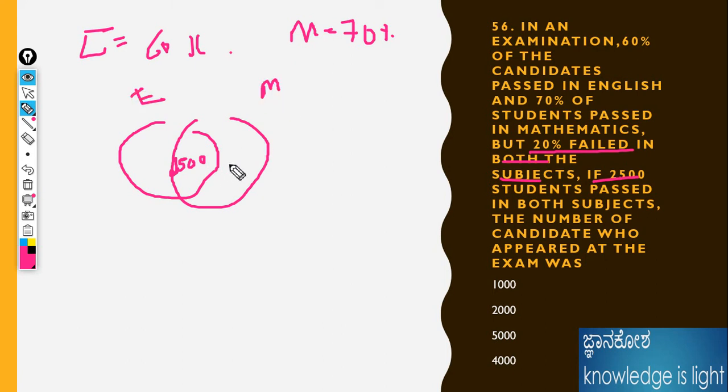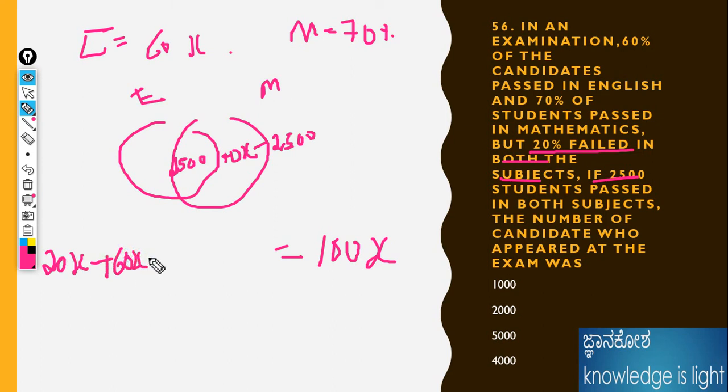The remaining for mathematics should be 70x minus 2500. The total should be 100x only. For 100x, we include the failed ones: 20x plus 60x plus 70x minus 2500. We are calculating how many candidates appeared in the exam, so I take 100x.